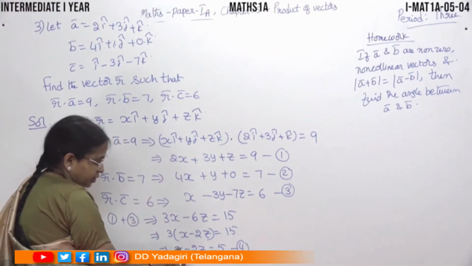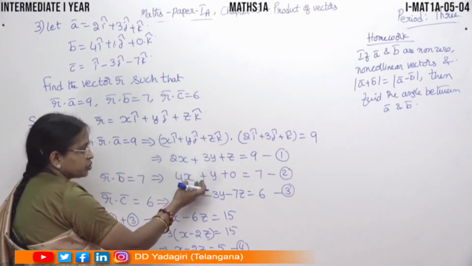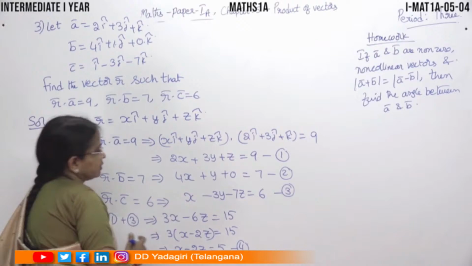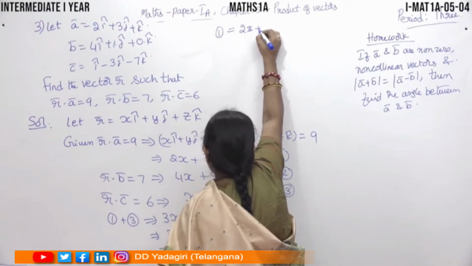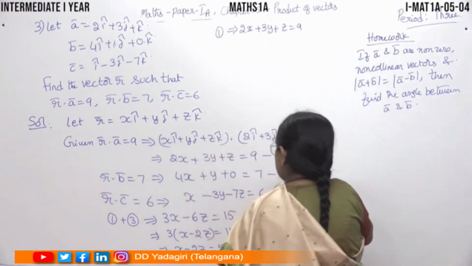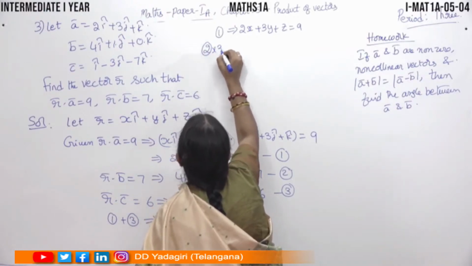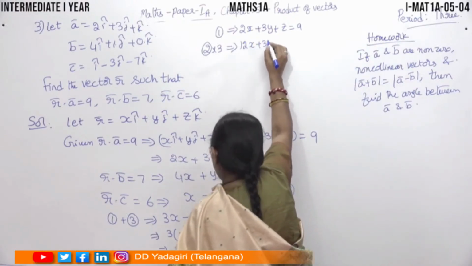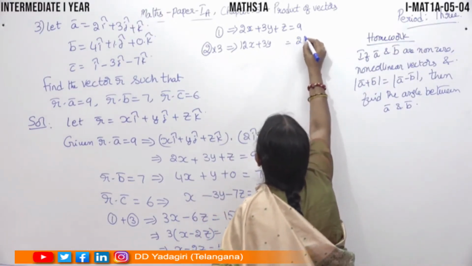Now you got one equation containing x and z. In the same way you can take the other two equations and cancel y. Equation 1 is 2x plus 3y plus z is equal to 9, and then multiply the second equation by 3 so that y gets cancelled. So it becomes 12x plus 3y and 0 is equal to 3 times 7, that is 21.